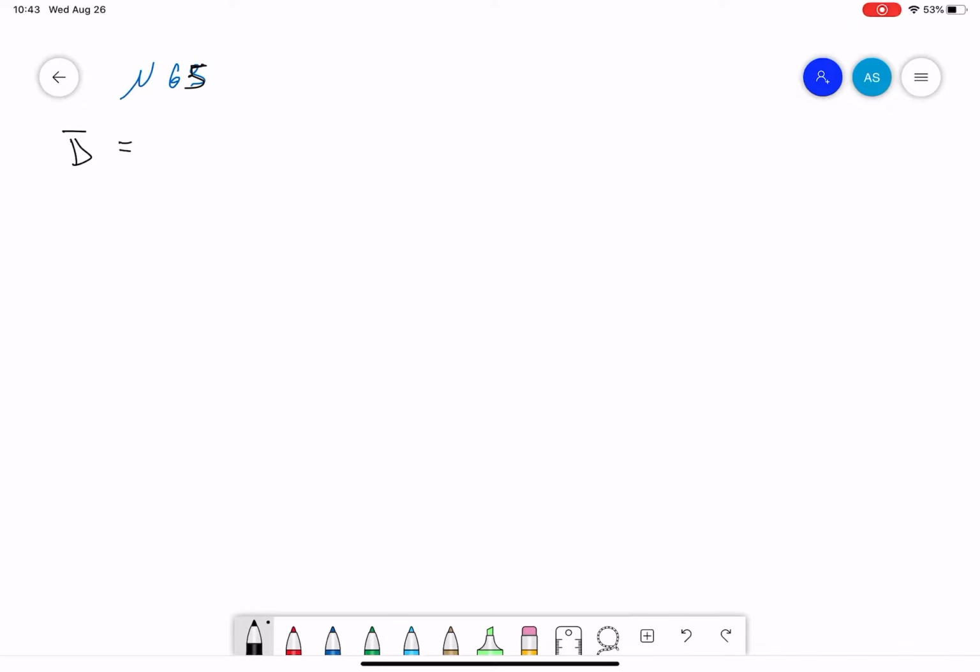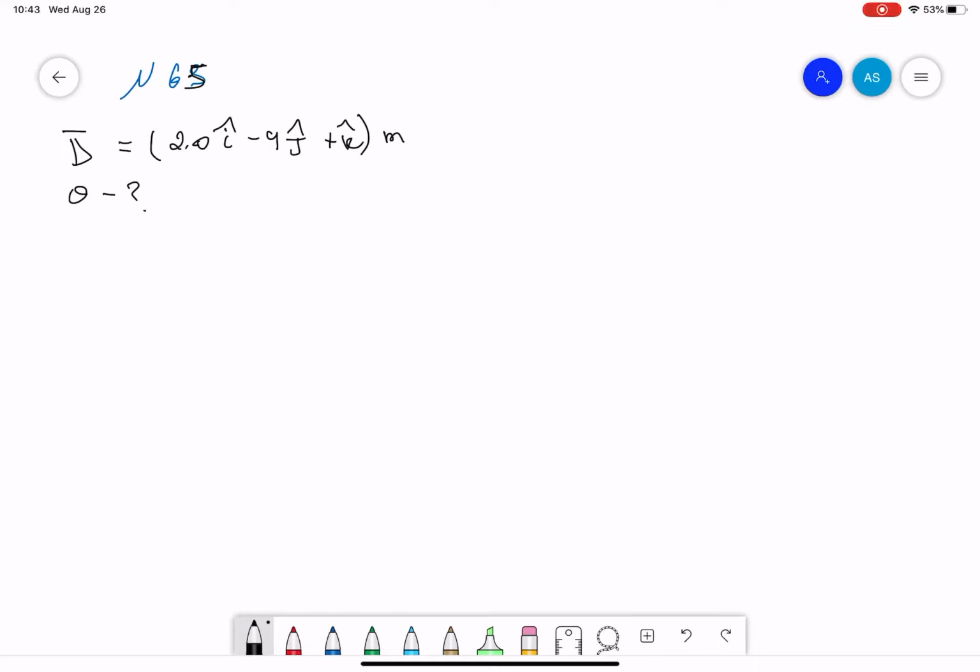The d vector is given as 2i vector minus 4j vector plus k vector, with the unit in meters. Now we have to find the angle that the vector makes with the x, y, and z axes. So basically we have to find theta.